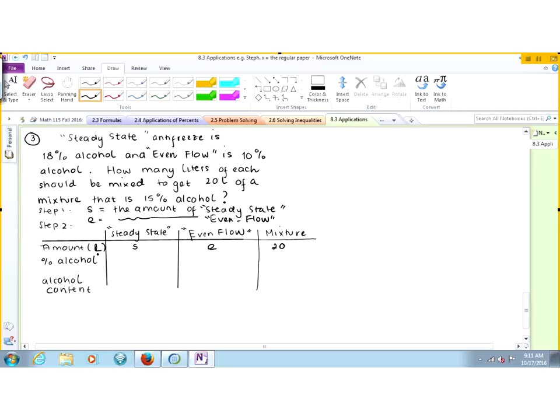Okay. Now, percent alcohol. Do we know the percent of alcohol for steady state? 18. What about the even flow? 10. What about the mixture? 15. Okay. Now, the alcohol content we will just multiply. So 18S, and this is 10E, and then this is 15 times 20, which is 300.